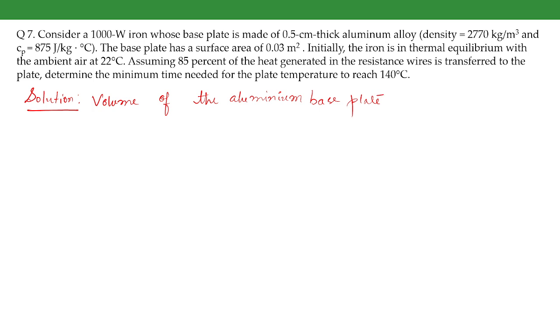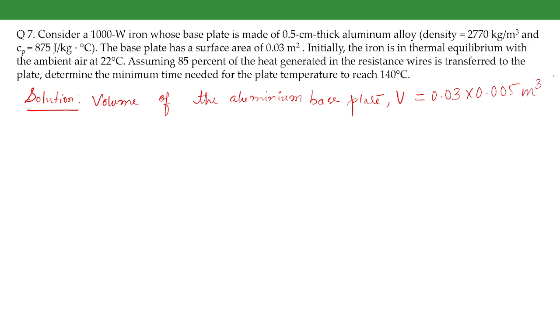Let us denote it V. It has a surface area of 0.03 meter square and it is 0.5 centimeter thick. So what is the volume? The volume will be 0.03 meter square multiplied by 0.005, since 0.5 centimeter in meter is 0.005, giving meter cube.